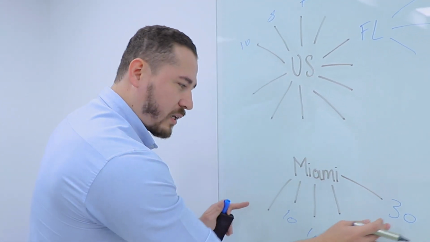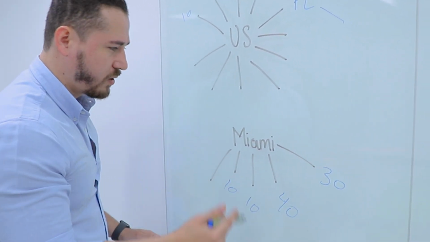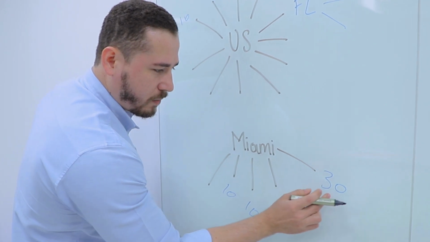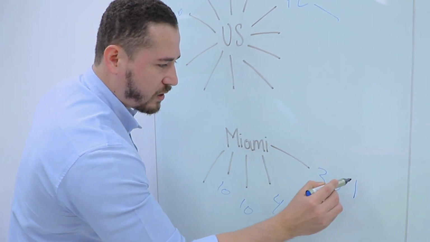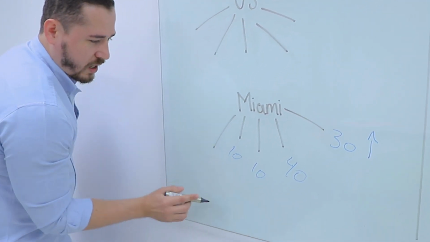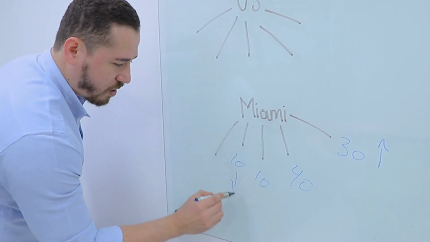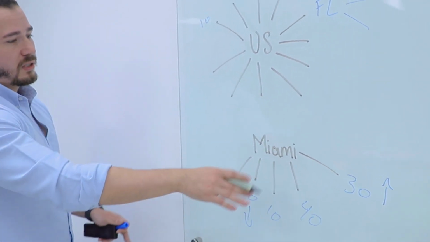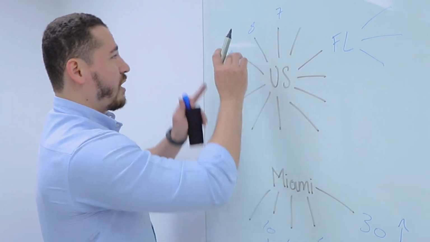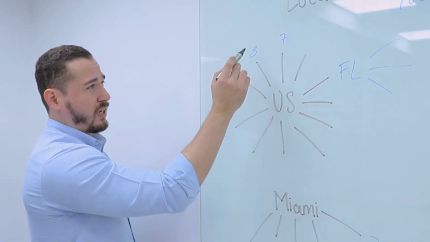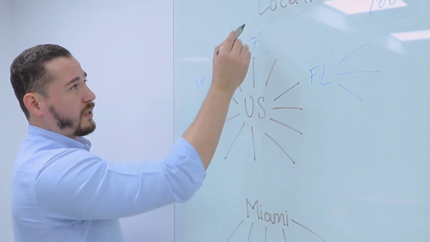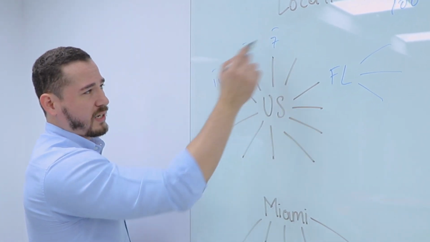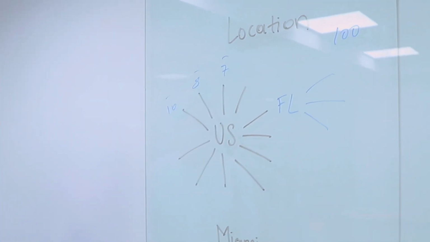And because it has more data per location, it becomes more effective to understand, okay, this location is converting better, so I'm gonna increase the bids here. And because this one is not really converting that much, I'm just gonna drop the bids here. And that is how it's gonna improve the bids. In this example, it's really hard to compare which one is better because they're all almost the same, because there are just too many variables.